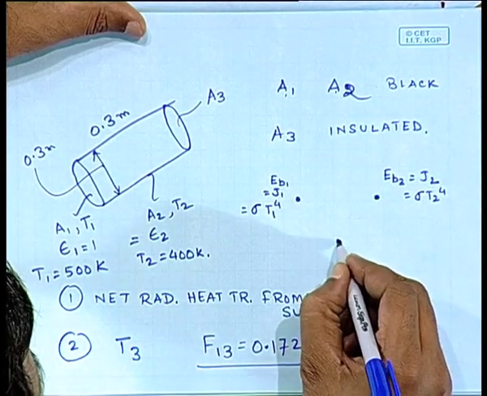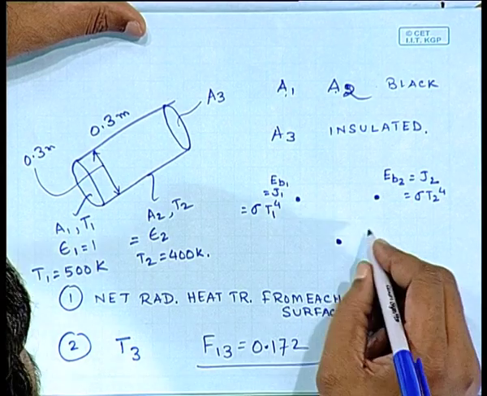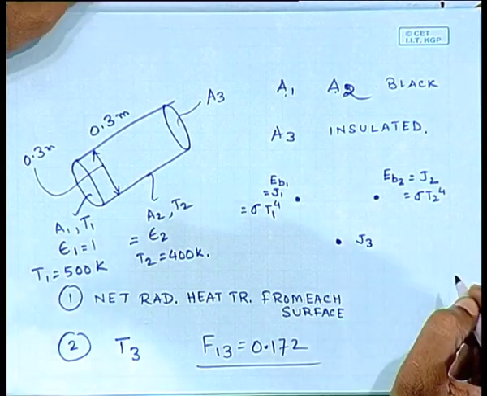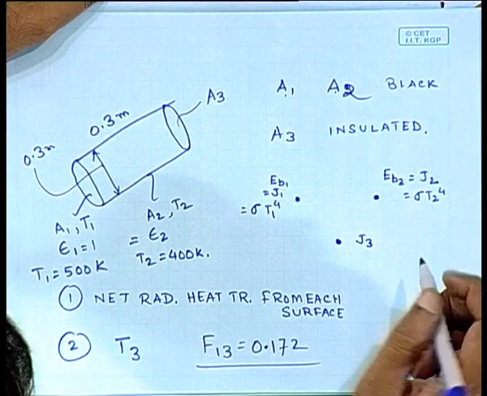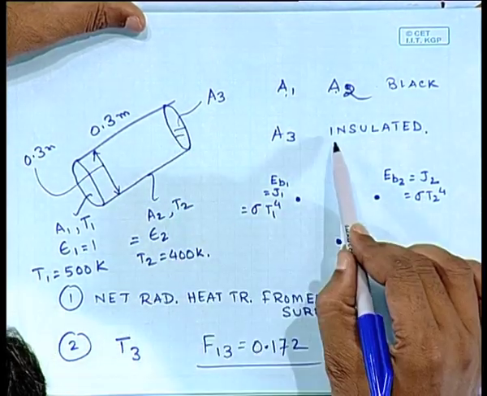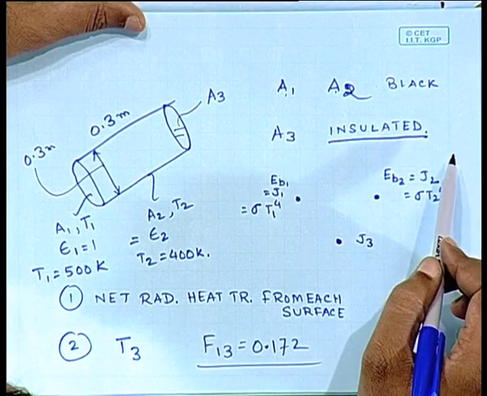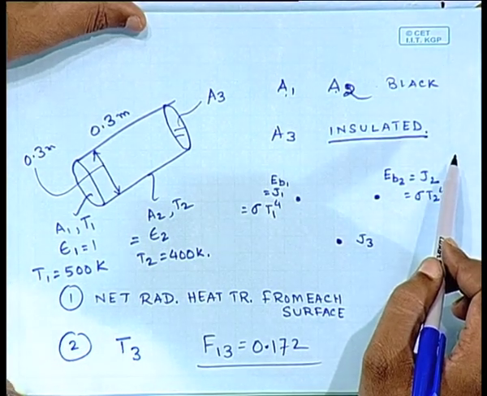Now we are coming to surface 3. This is J3 and Eb3. What is going to be the relation between J3 and Eb3 for surface 3 if it is insulated? If it is insulated, that means it's a re-radiating surface. No amount of energy is leaving this or entering this.